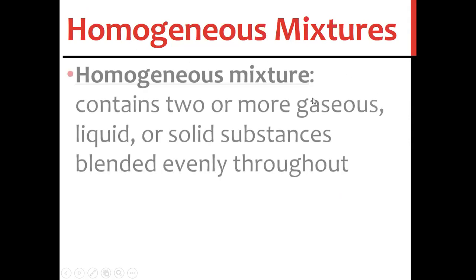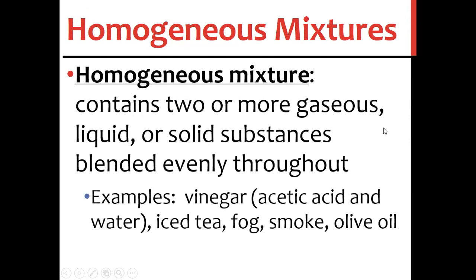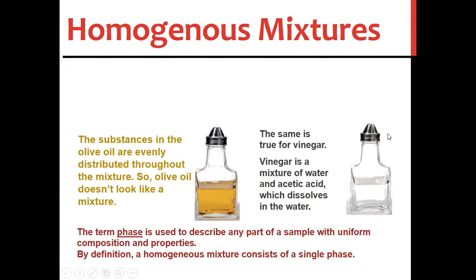Homogeneous mixture: it contains two or more gaseous, liquid, or solid substances blended evenly throughout. Examples: vinegar, acetic acid and water, iced tea, fog, smoke, olive oil. They are all homogeneous mixtures.